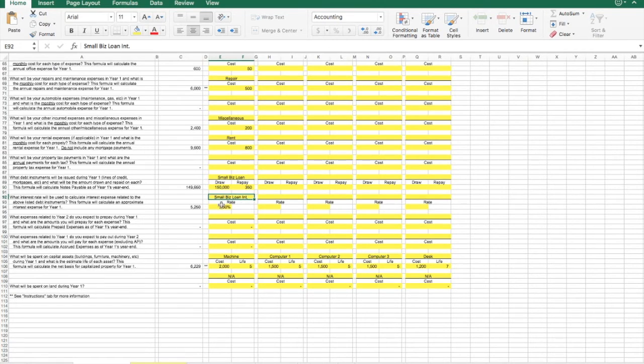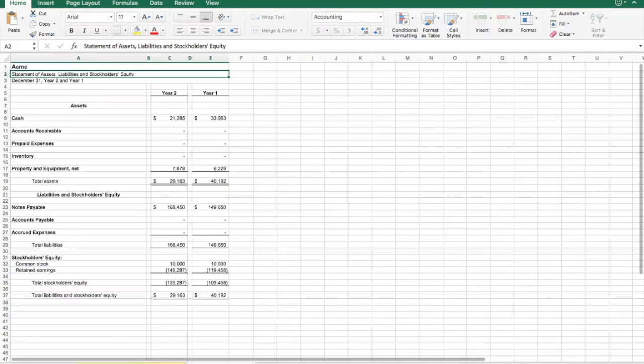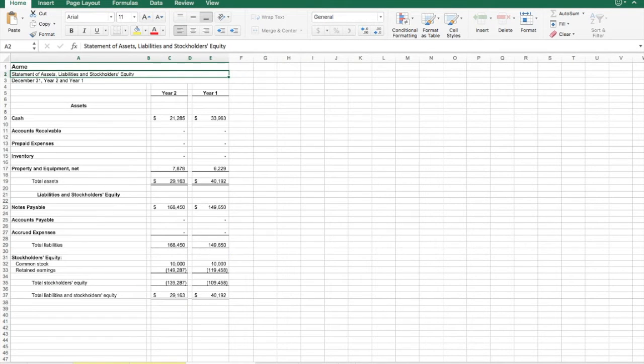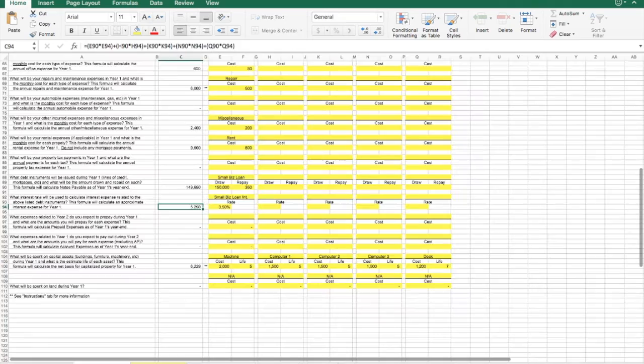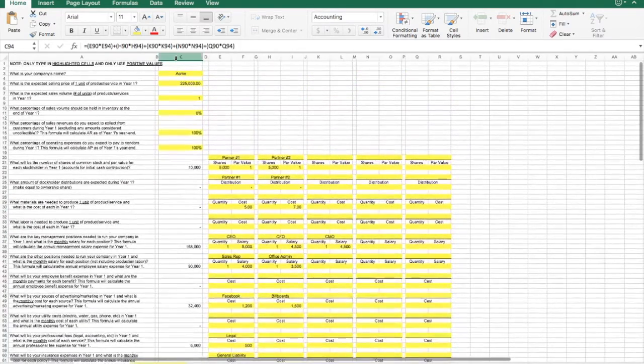The interest rate you can put in, so it calculates how much interest you pay during the year. And again, this is going to contribute to your cash balance. So again, if you're actually going to take a debt instrument, if you're taking out a loan or a line of credit, something like that, or a note, a convertible note, that could go here, and that's going to increase your cash. And the other way is just making sure your sales are correct.